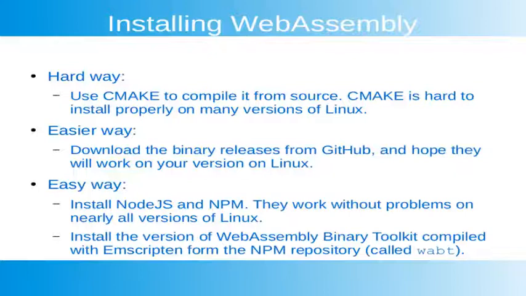Then there is an easier way. You can download the binary releases from GitHub and hope they will work on your version of Linux. Those binary releases from GitHub for Linux are dynamically linked. They make a lot of assumptions about you having recent libraries on your Linux machine, which you probably don't.